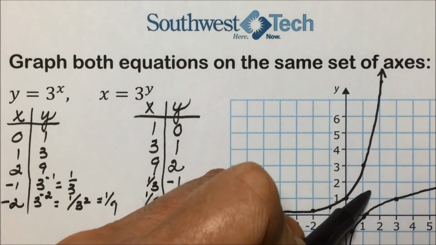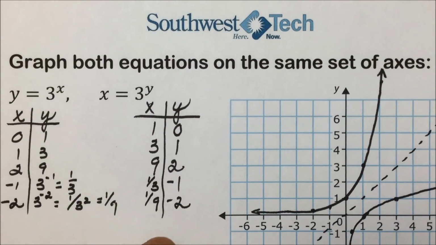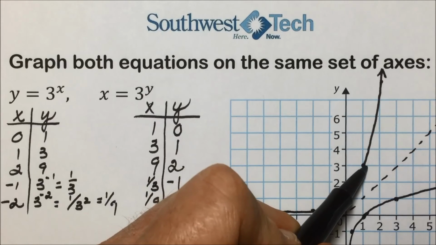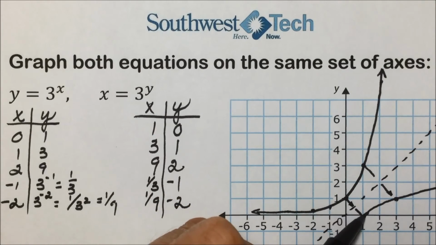And here's our y equals x line where we have this reflection. The point here is being reflected there. Likewise, this point is reflected there. And we have this one-to-one or inverse relationship between these two functions.